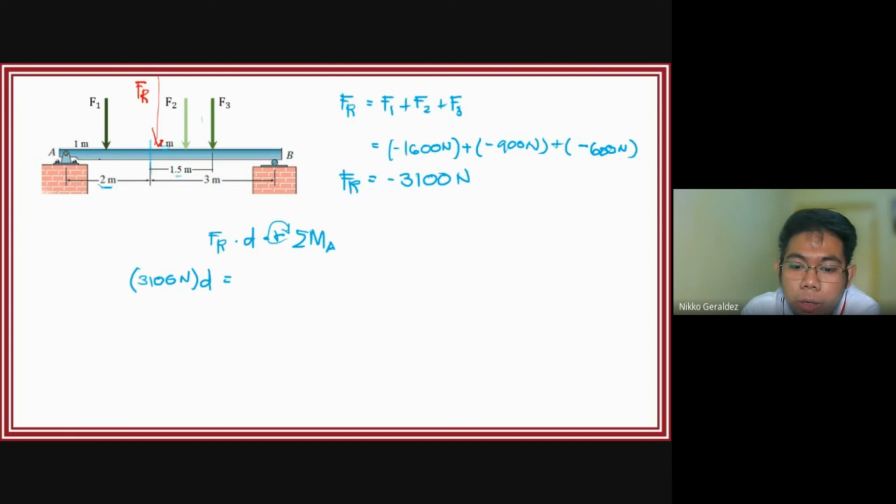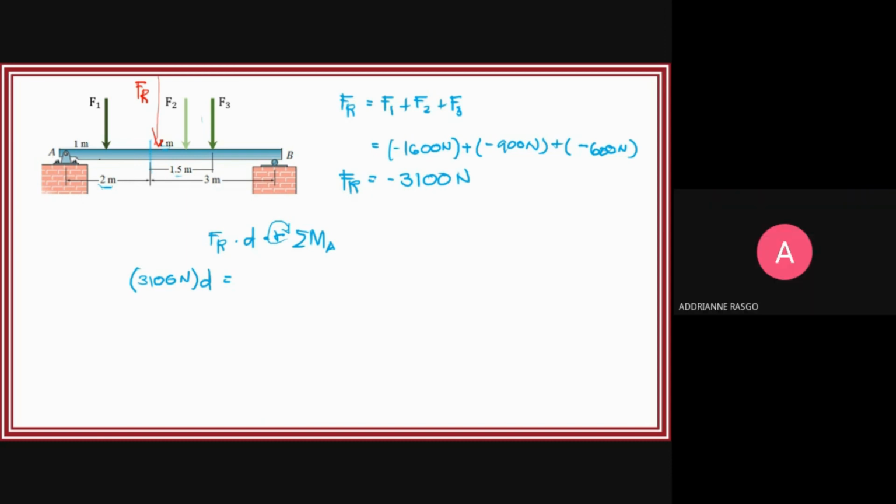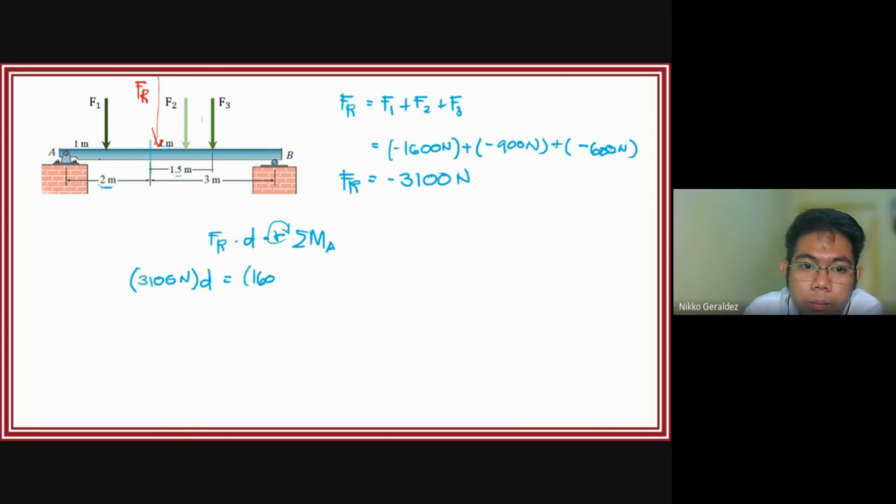F1 is clockwise: 1,600 newtons times 1 meter.